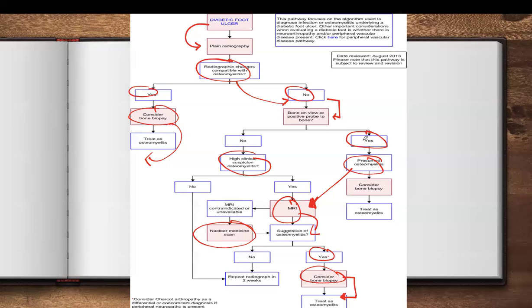If the bone to probe is there, presume osteomyelitis; you can either do an MRI or even go directly for bone biopsy. Doesn't really matter. So it's more about X-ray, MRI, bone scan, bone biopsy. That's the step.